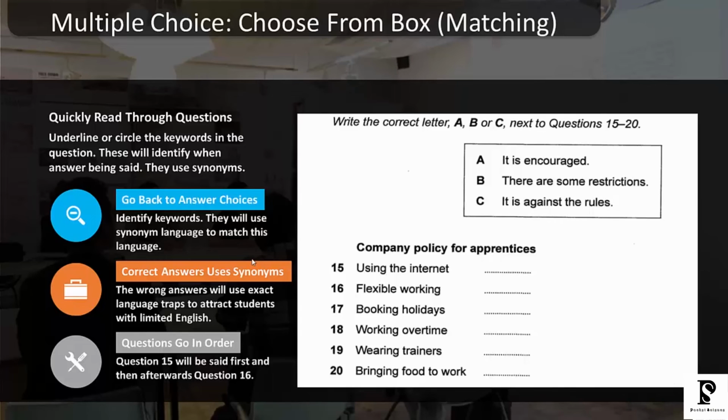They're going to say synonyms of that, and you have to be able to pick up on that match. They're not going to say it's against the rules. They're going to give synonyms of that. In the upcoming lectures, when I'm going through strategy application, I point out the synonym language they're using, so you can really see how that's being done.